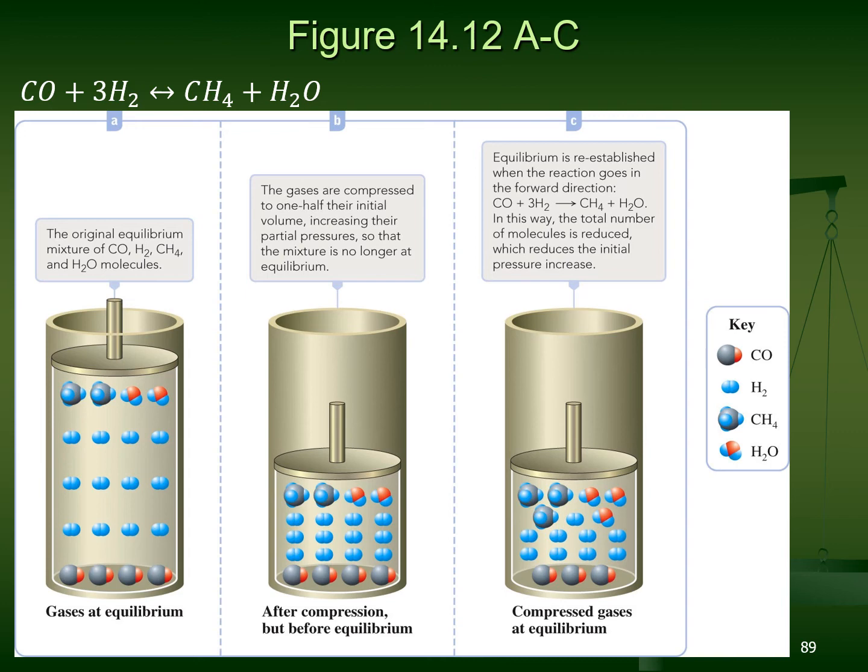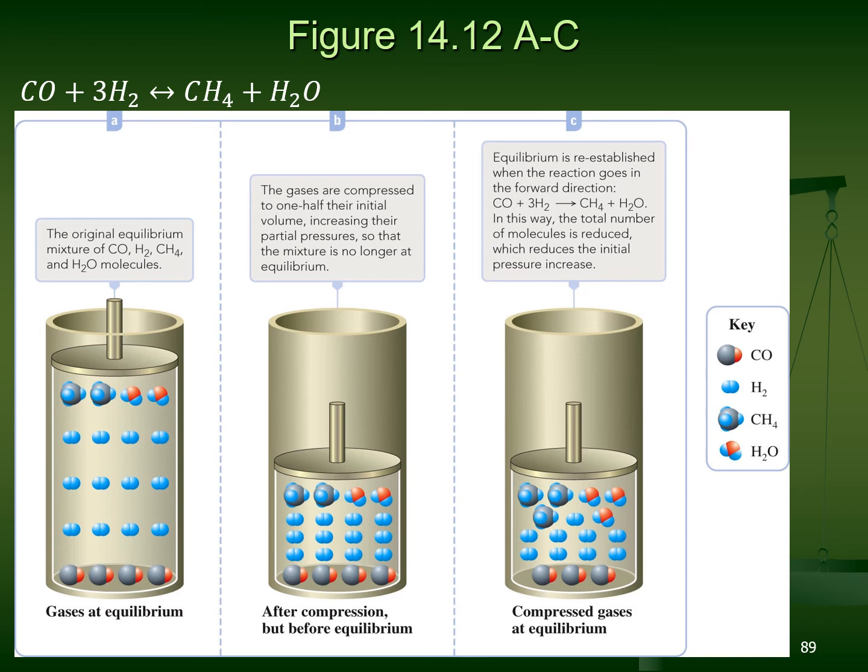What I want you to notice in the equation is that on the right-hand side there are 2 molecules of gas. On the left-hand side, there are 4: 3 H2 and 1 CO. So 4 on the left, I'm sorry, 2 on the right. If you increase the pressure, the equilibrium is going to want to shift to the right to try to decrease the pressure due to the number of molecules.